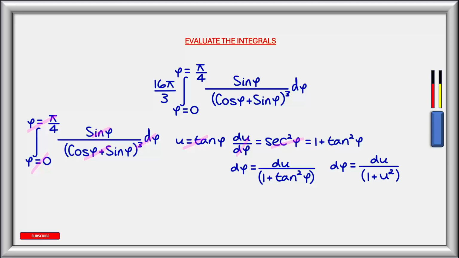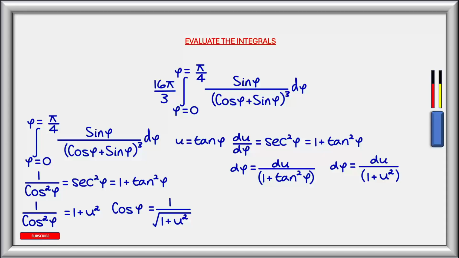And using a trig substitution, this is equal to 1 plus tan squared φ. So dφ is equal to du divided by 1 plus tan squared φ.